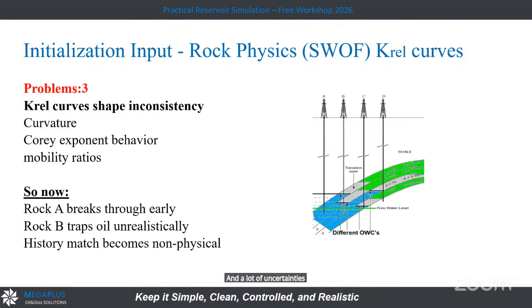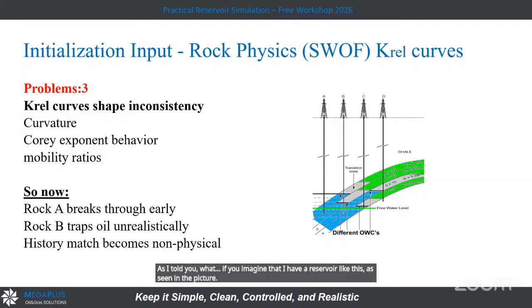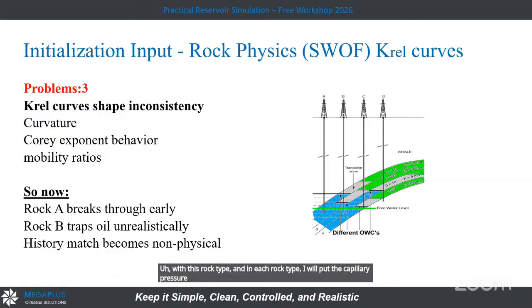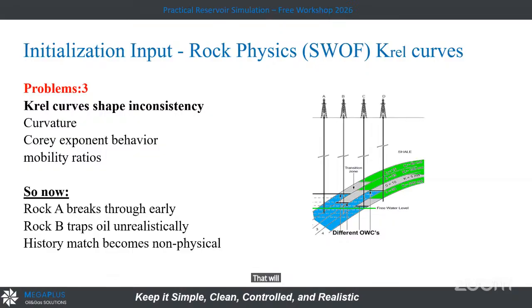This is the second problem. The third problem, the shape consistency. As I told you, imagine that I have a reservoir like this, as seen in the picture, with these rock types, and in each rock type I will put the capillary pressure and relative permeability curves that will then translate to a flow of fluids and contacts.